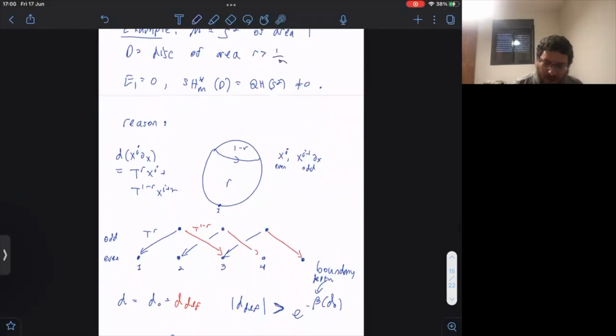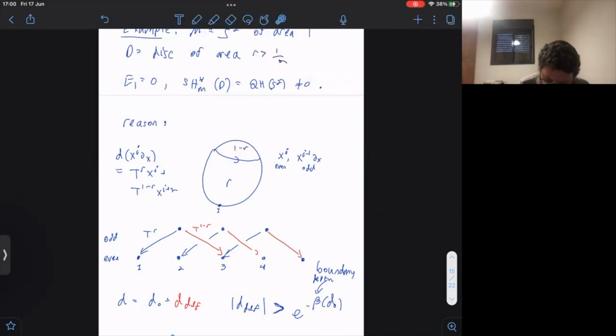So one can write down the complex. If you compute the Reeb orbits of a disk, then you have a critical point, which is here, and then you have Reeb orbits, and each one goes around any number of times. So you have one which goes around once, and then one which goes around twice.